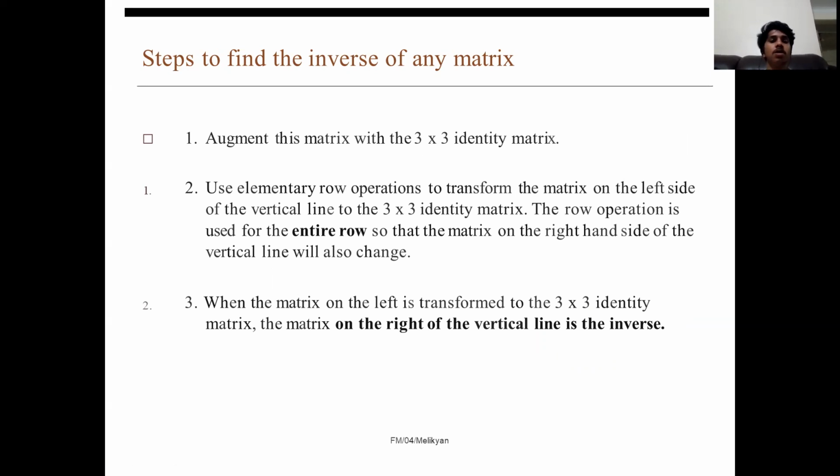The row operation is used for the entire row, so the matrix on the right-hand side of the vertical line will also change. When the matrix on the left is transformed to the 3 by 3 identity matrix, the matrix on the right of the vertical line is the inverse.